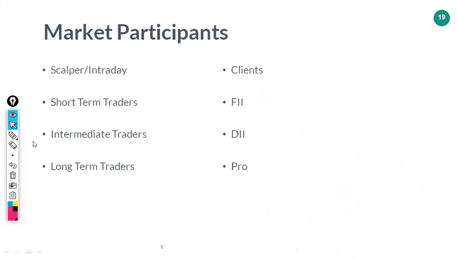Okay, so what we can learn from here is that these two guys don't give a solid commitment. Probably these two give commitment for a couple of days, ranging from 3 to 10 days. Whereas intermediate traders provide commitment up to 3 to 6 months. Long-term traders are the ones who give commitment for more than a year, right? They are mostly institutions who come and hold and support.